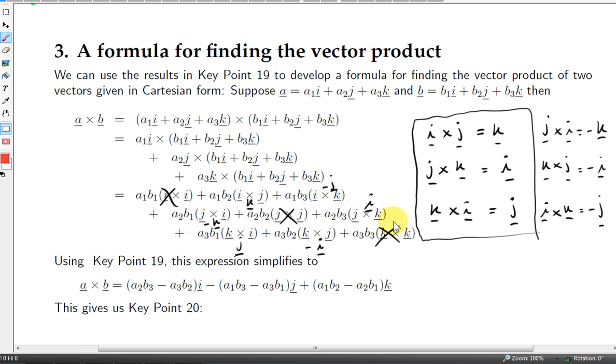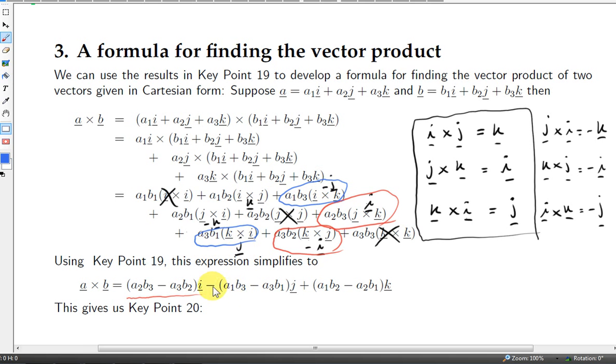Now let's gather up the terms involving i. Well, these 2 terms involve i. So the coefficient is a2b3, and because of the minus sign we have minus a3b2. Now let's look at terms involving j. Well, we've a3b1 times j, and from this term we've minus a1b3.